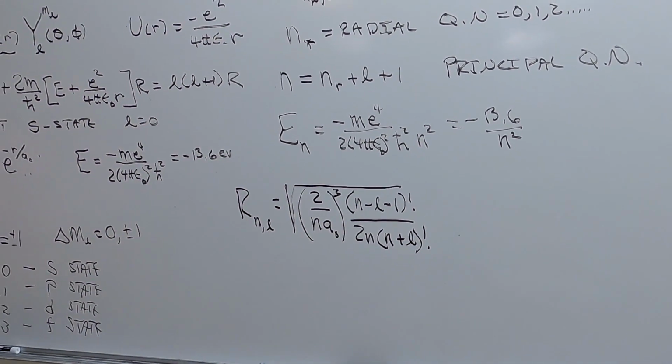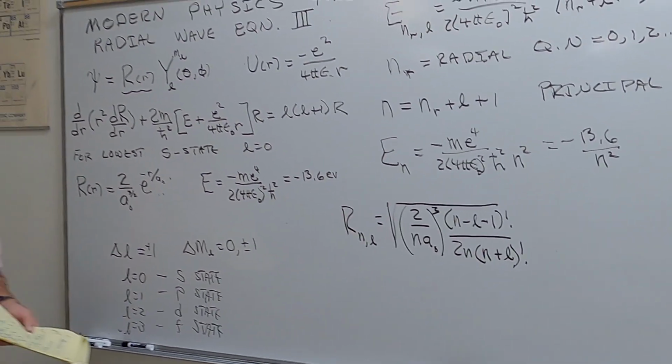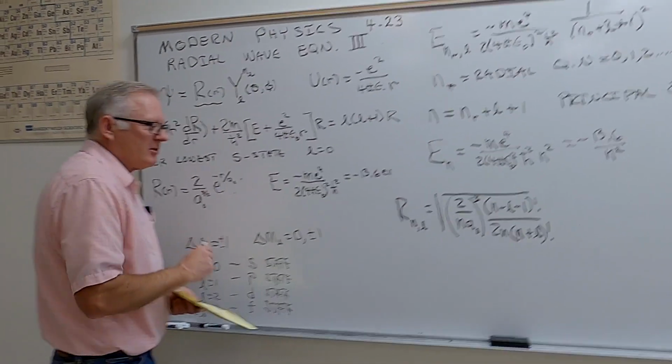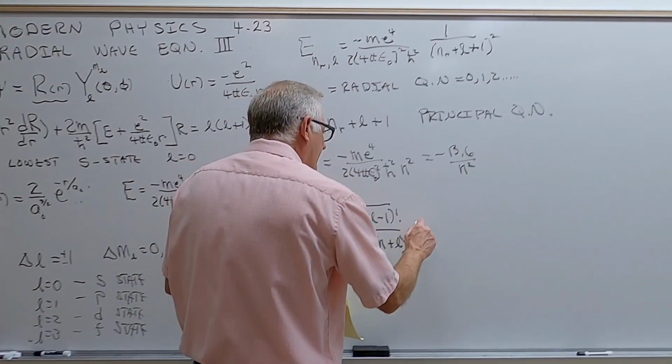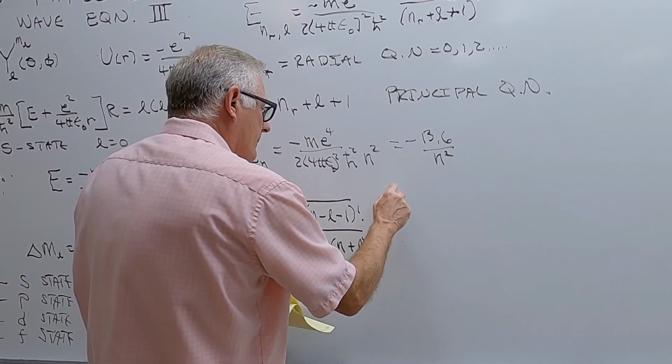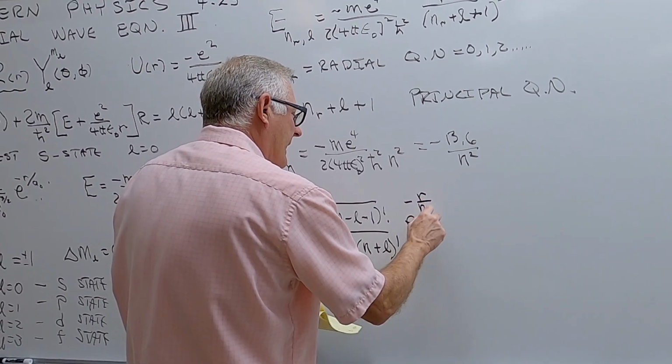That's just the normalization constant out in front. Then we get something like e to the minus r over, except this one's going to be n a naught.